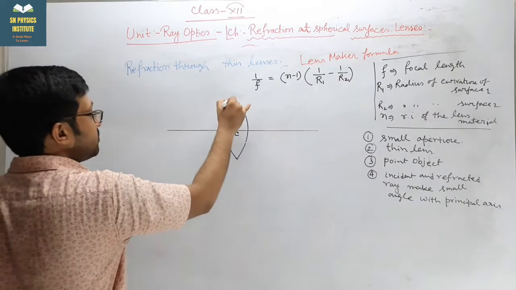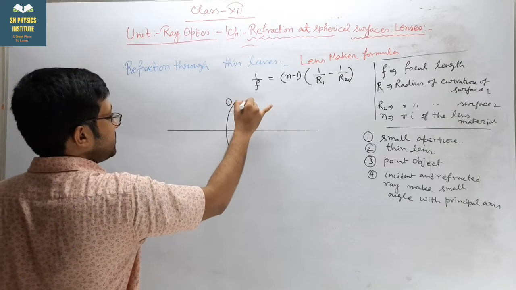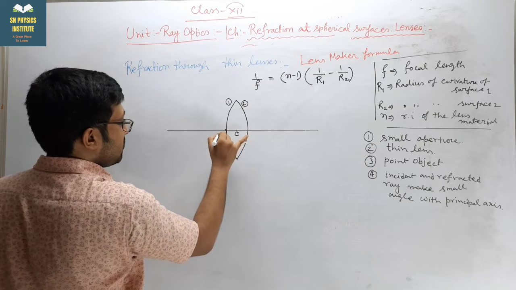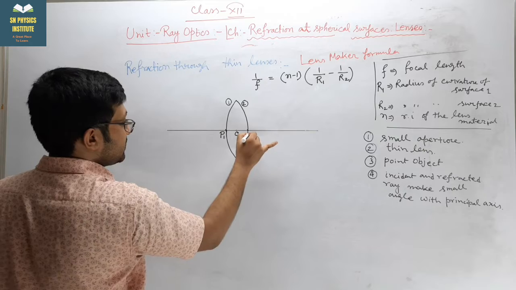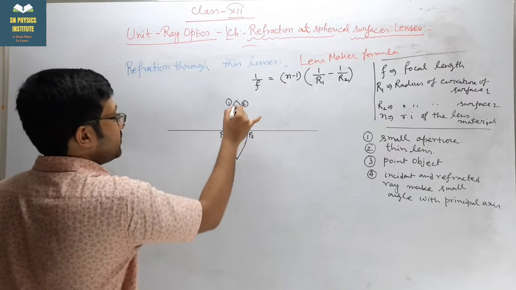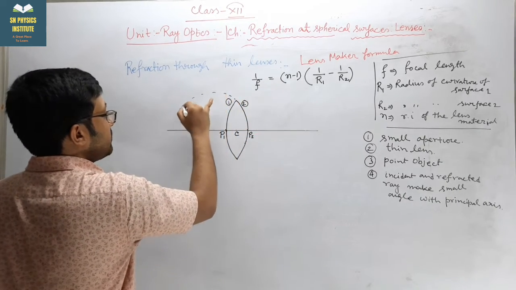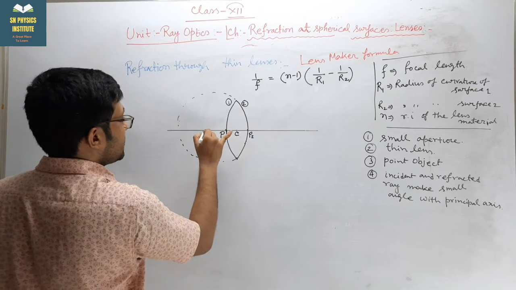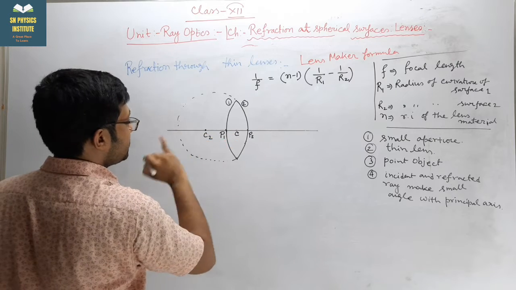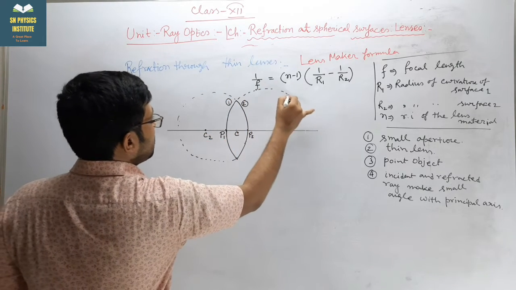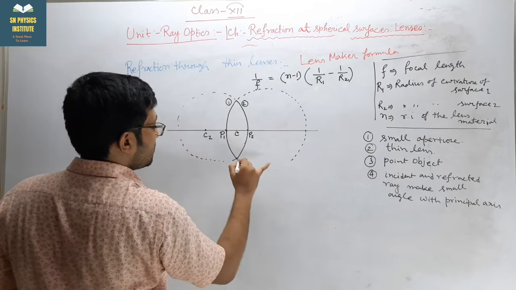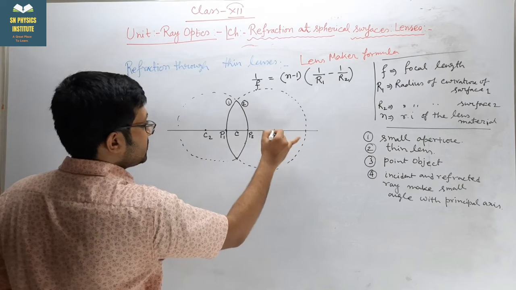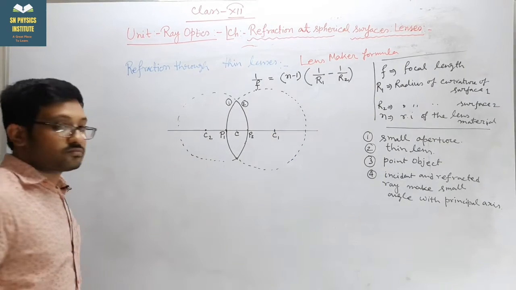Now this is the first surface, this is the second surface. The first surface has pole P1, the second surface has pole P2. If you draw the sphere of the second surface, the center of curvature of the second surface is here, and if you draw the sphere of the first surface, the center of curvature will be here, right?